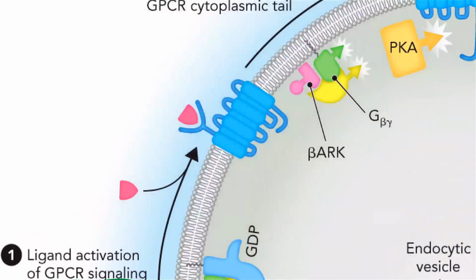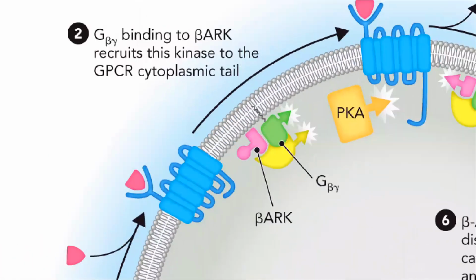But now we have this additional protein. We have a receptor kinase enzyme called the beta adrenergic receptor kinase, or BARK. BARK is recruited to the membrane with the G beta gamma complex, so that's what it gets associated with. This phosphorylates our GPCR.